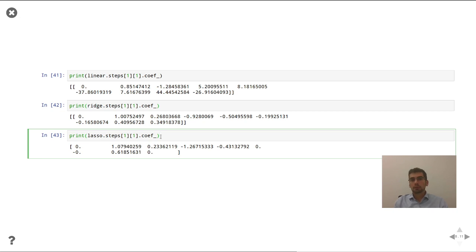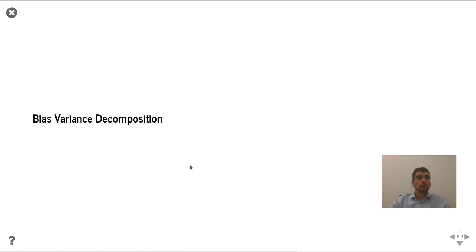Sometimes it can be useful to create a small compact formula with 10 features instead of several hundreds of the original features. Okay, this is the last topic for today.